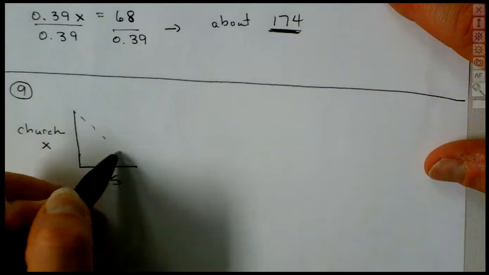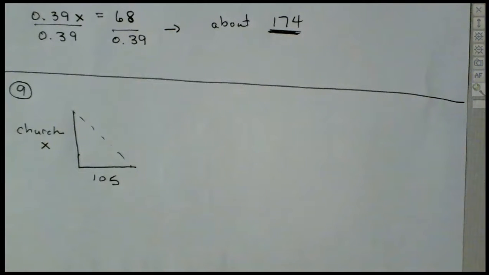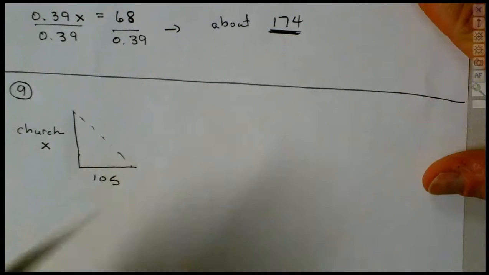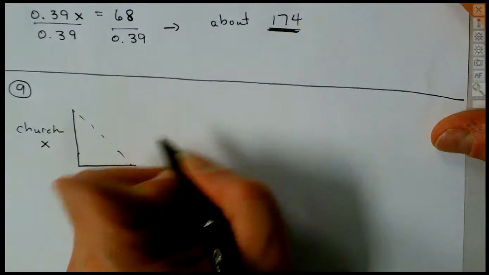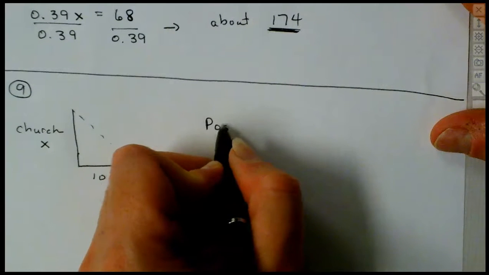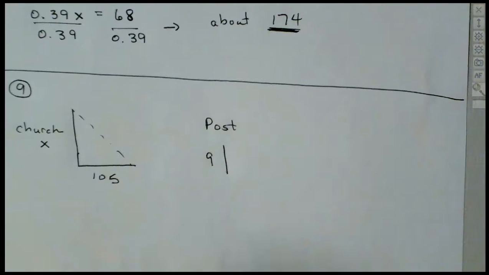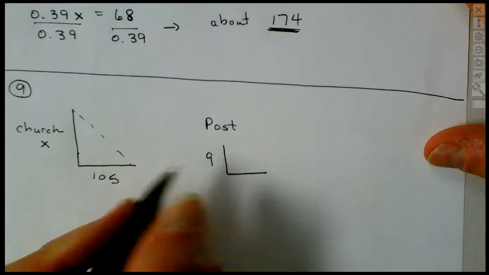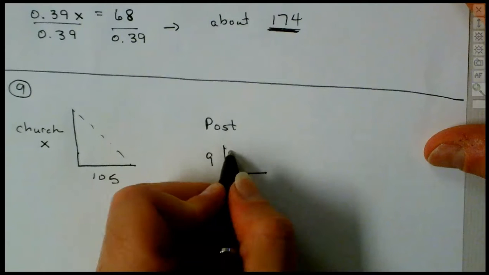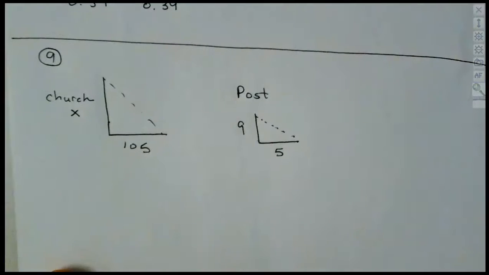Like when you have the sun up here, it makes a shadow on the ground. And we can compare this to a 9-foot tall post. So we've got our post over here, and that post is 9 feet tall, and it casts a shadow that is 5 feet. So there's our ratios again.